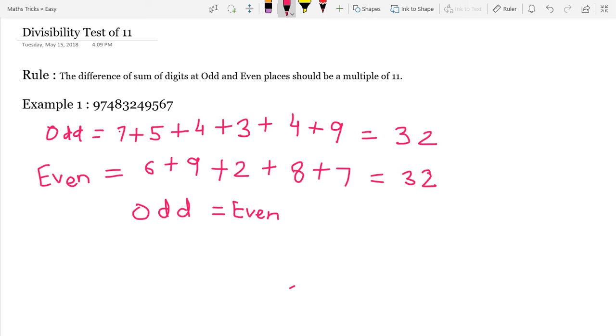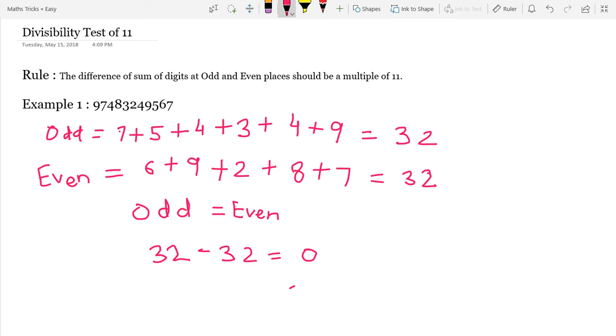Now we are interested in the difference of these sums. The sum at odd places is 32 and the sum at even places is 32. Now we find the difference. The difference is 32 minus 32. What do we get? 0. The difference is the important term here and it is the deciding factor.